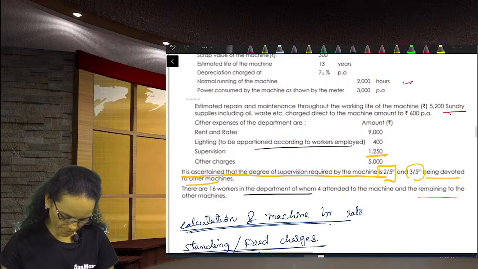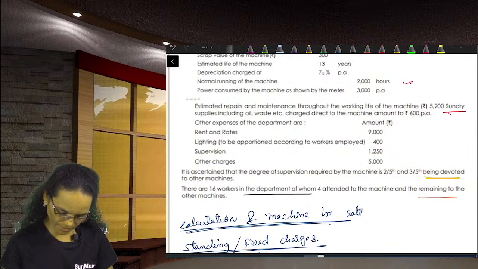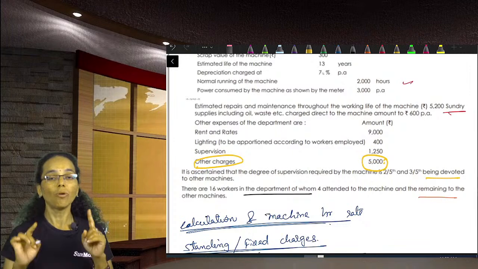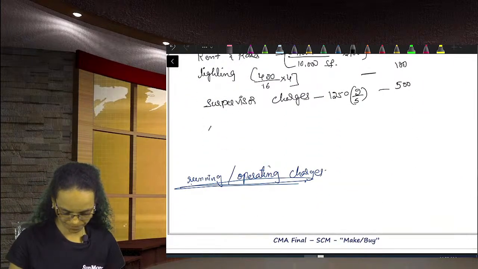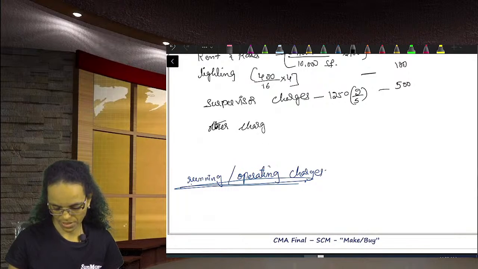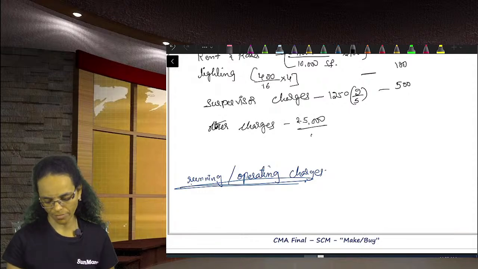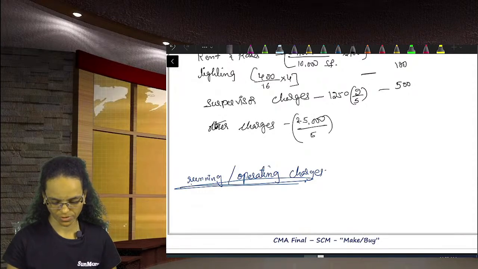Next, other charges 5,000 rupees. How many machines do we have? 5 machines. Other charges 5,000 rupees and we have 5 machines. Then what about for 1 machine?